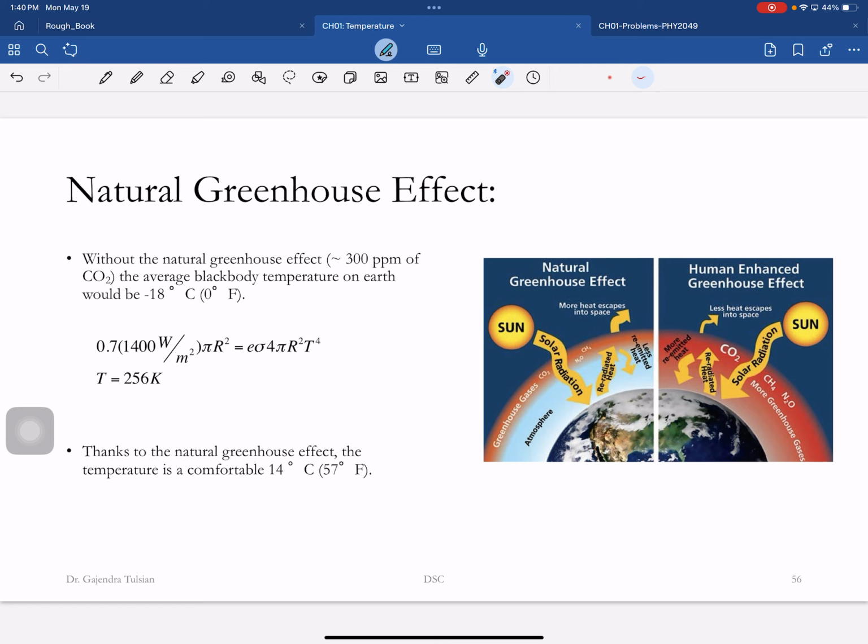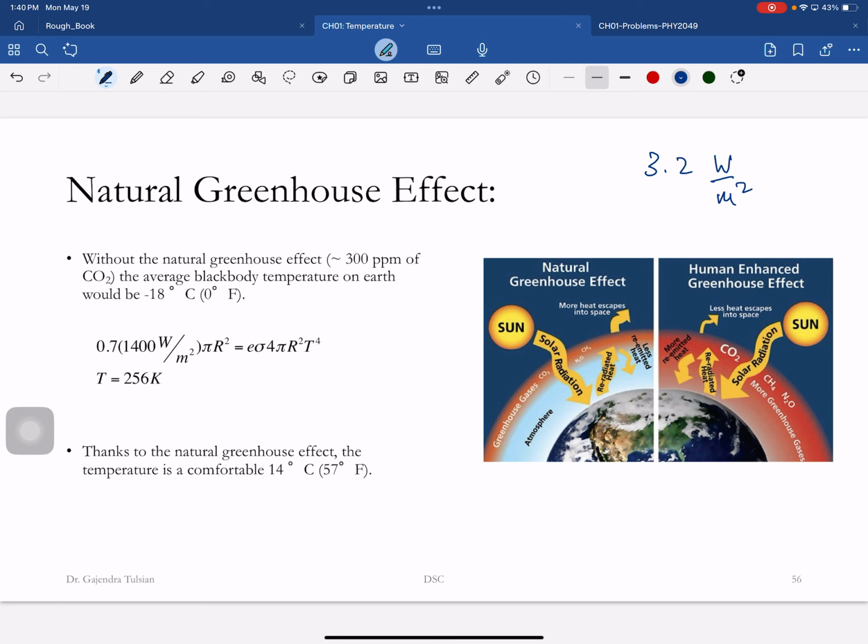You can read all of that. How much less is being radiated now? You can look this up: about 3.2 watts per meter square.